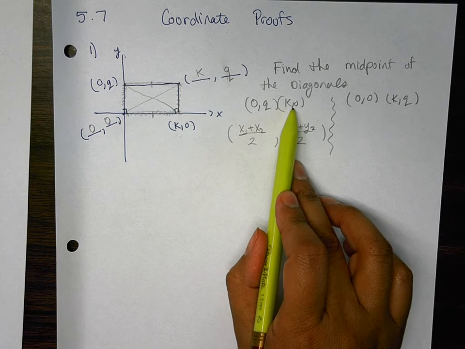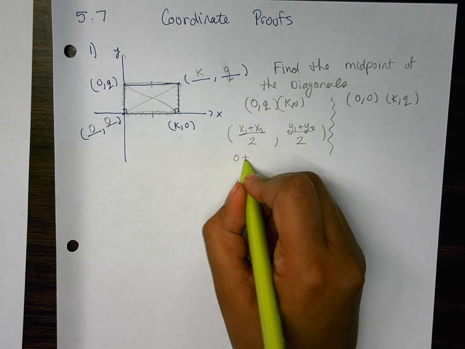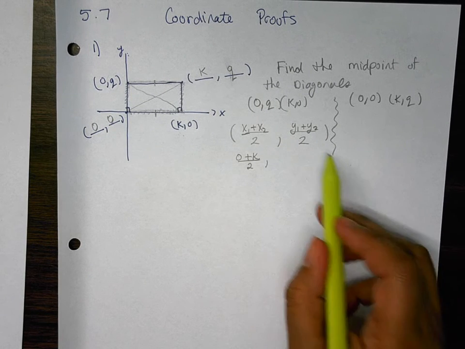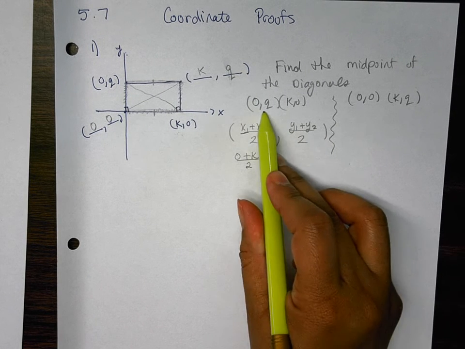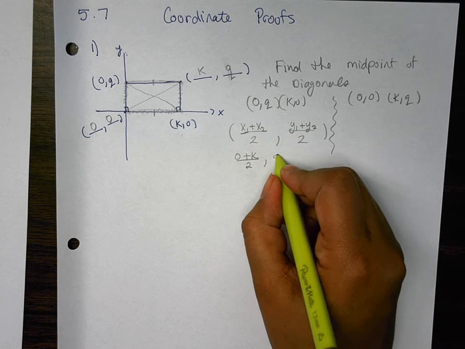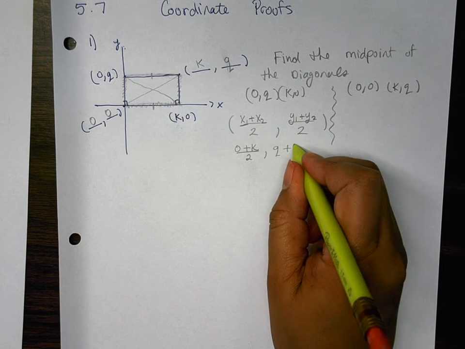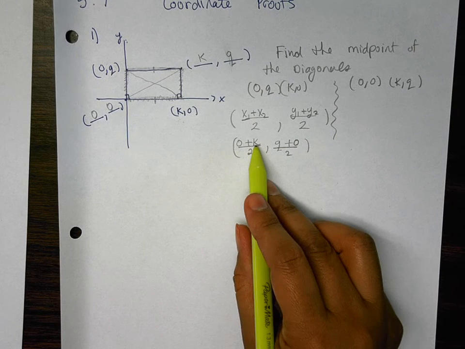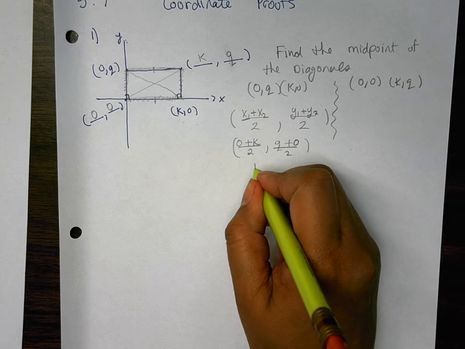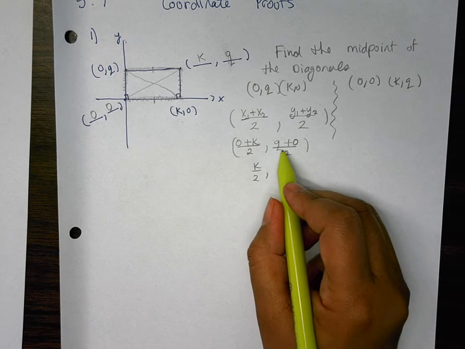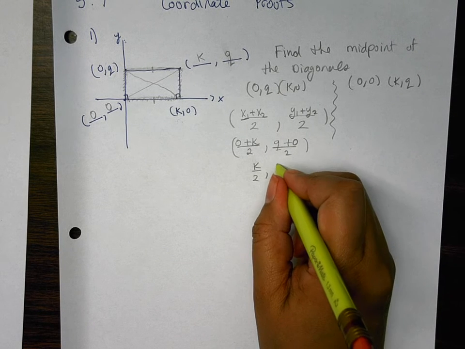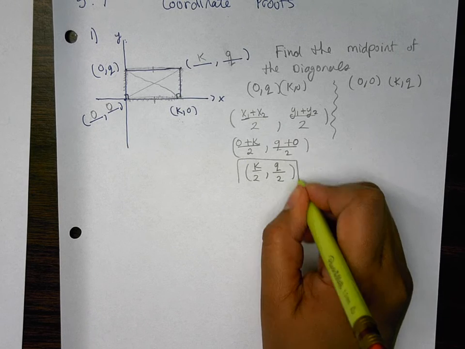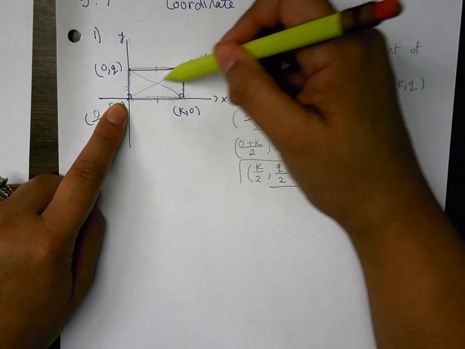What's 0 plus K? K, correct, comma, and then Y1 and Y2 is Q plus what? 0. So it's K over 2, comma, what's Q plus 0? Q over 2. There's my midpoint for this diagonal right here.